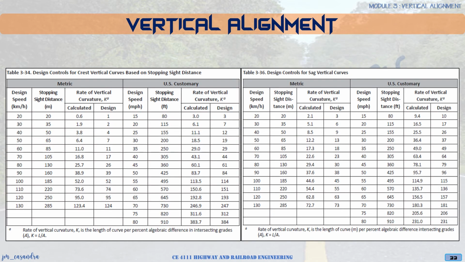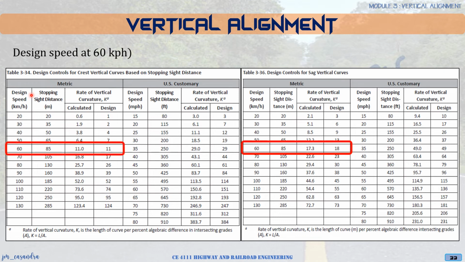From the table of AASHTO 2011, we have the design controls for crest vertical curves based on the stopping sight distance, as well as design controls for our sag vertical curves. Since our design speed is 60 kph, we look at the values of 60 kph for both crest and sag curves.